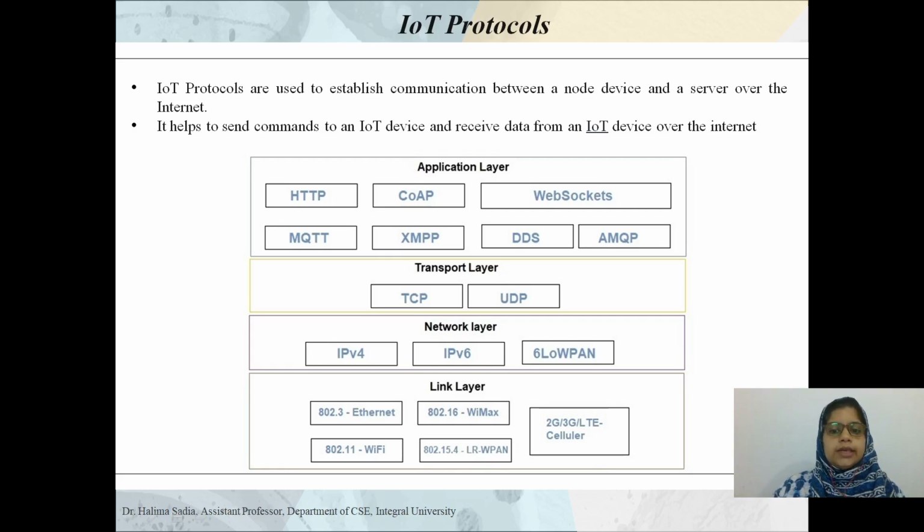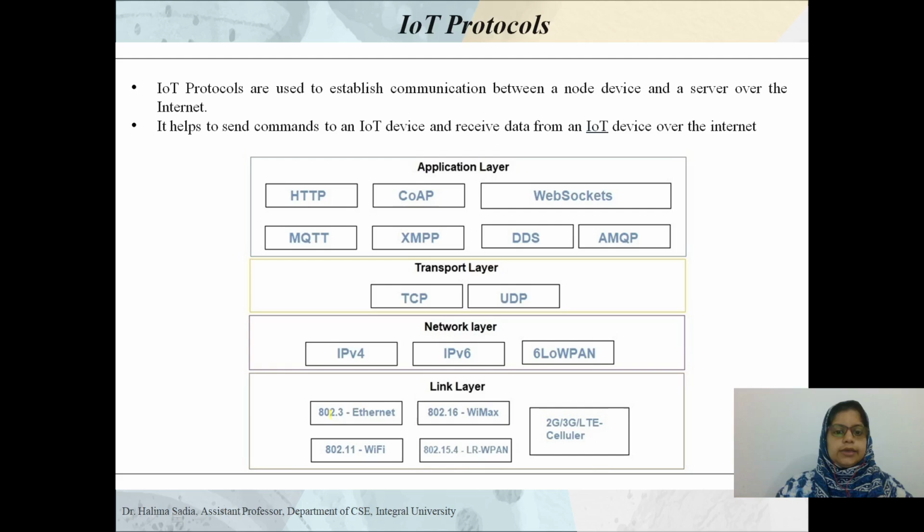We can see in the diagram given here in the slide what the underlying protocol set is. The various protocols are basically divided into 4 layers, and according to the layer the protocols are mentioned and will be elaborated one by one.